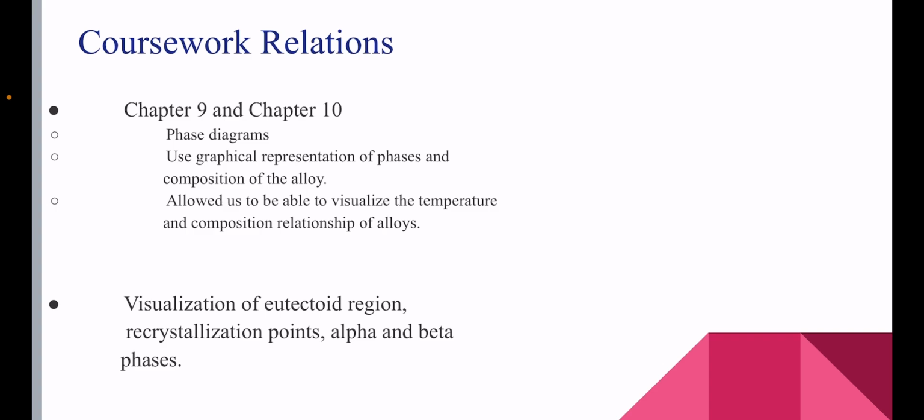So if we've got a little bit more of one over the other, how that will affect things. And it definitely, along with temperature, is going to greatly affect where we lie on that phase diagram and which percentage of phases are going to be at certain points. And then in chapter 10, we went a little farther into it and actually saw once again that it's going to be big dependent on time and temperature.